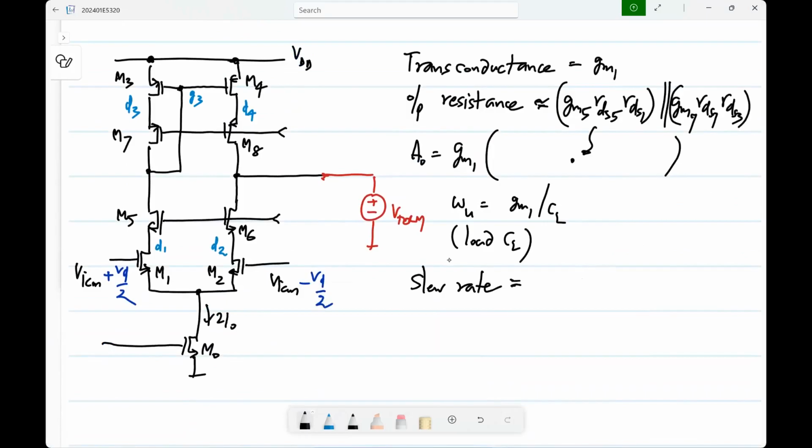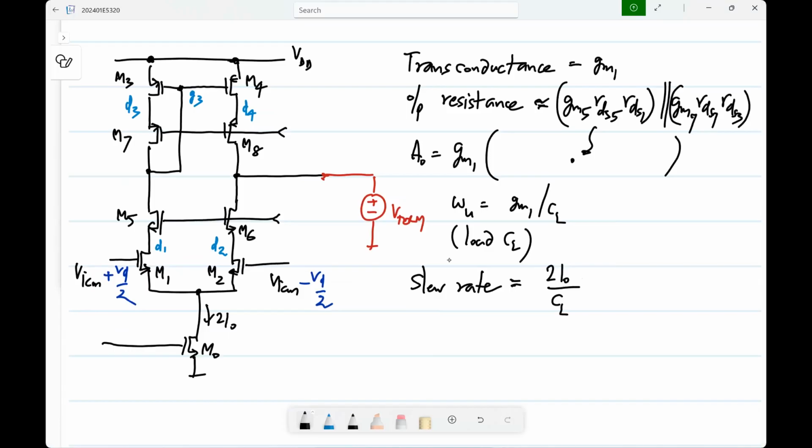It is the maximum rate of change of the output. What will be the slew rate? Yeah. The maximum current that can be pushed to the output is 2I0 in both directions. So it will be 2I0 by CL. So these parts are largely the same as before. Okay.